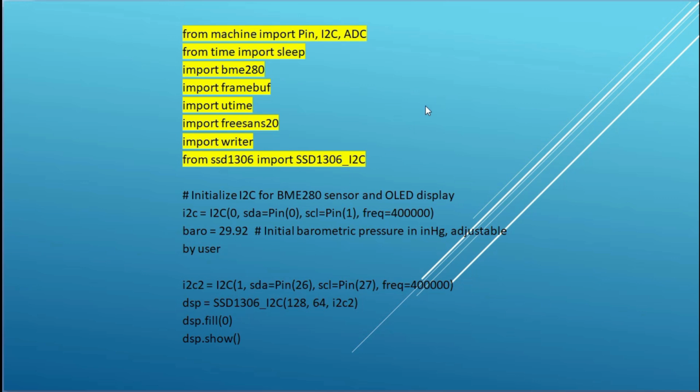So here's the program that runs the BME280. The first thing you see are a bunch of library imports. These imports are used to do things like set up the I2C communications and set up the analog to digital conversion, and then there are three libraries here that allow you to generate larger fonts on the OLED display.